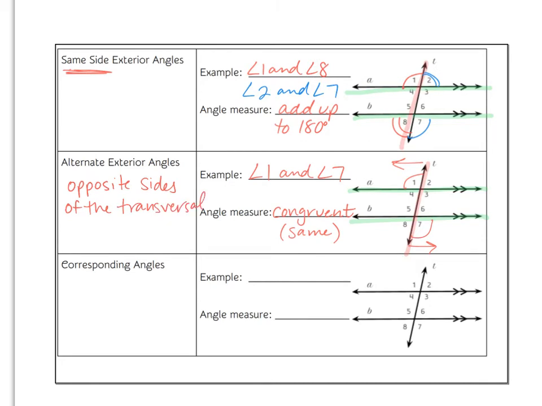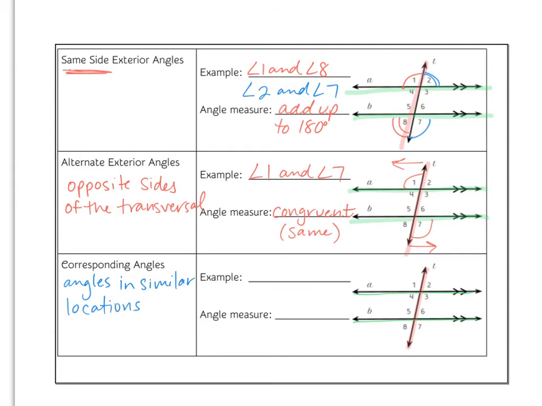All right, next, corresponding angles. So think about your parallel lines again. We have A and B, all right? And we have our transversal cutting through. And we need to figure out a pair of corresponding angles. Well, corresponding angles, let's write the definition. They're angles in similar locations.